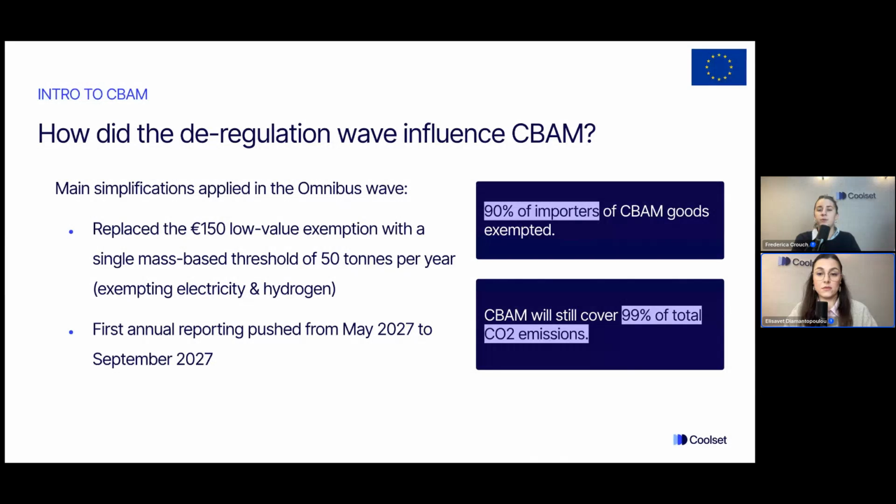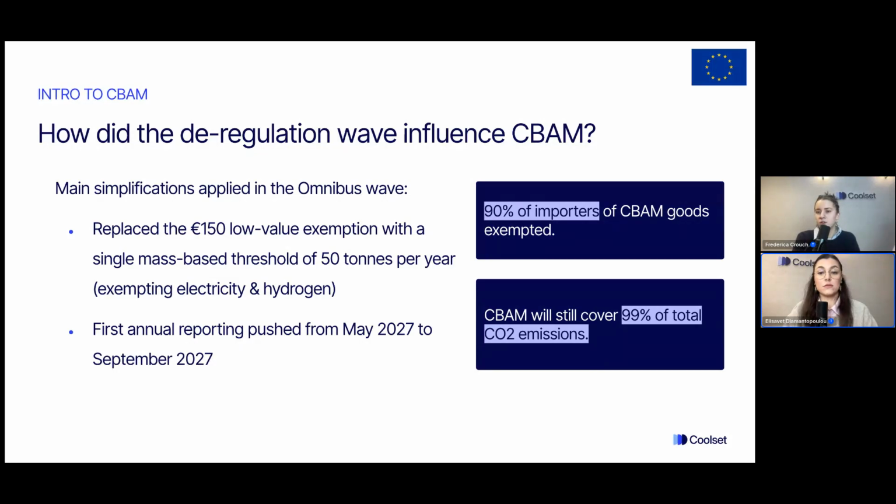There was previously a €150 low value exemption, and this has now been replaced by the 50 tons per year baseline. Previously, if you imported more than €150 worth of these relevant products, you were required to comply with CBAM, and now it's over 50 tons.